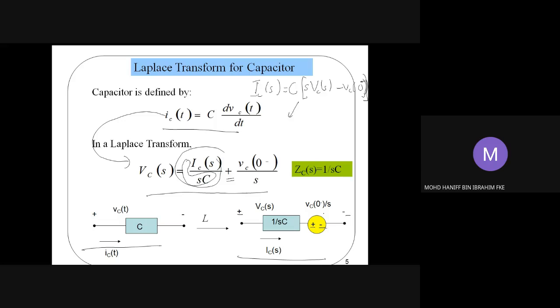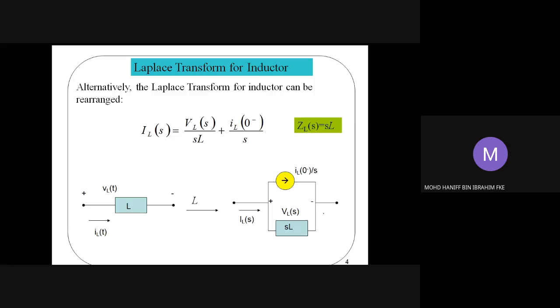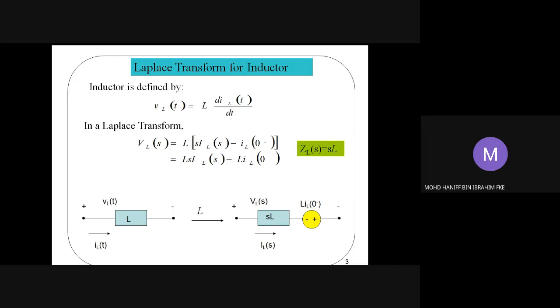As opposed to the inductor's case just now, where we have a negative sign for the voltage source. Based on the equations here, the sign for this voltage source is negative, which is why its orientation is against the direction of the voltage drop V_L(s). Please be notified of this.